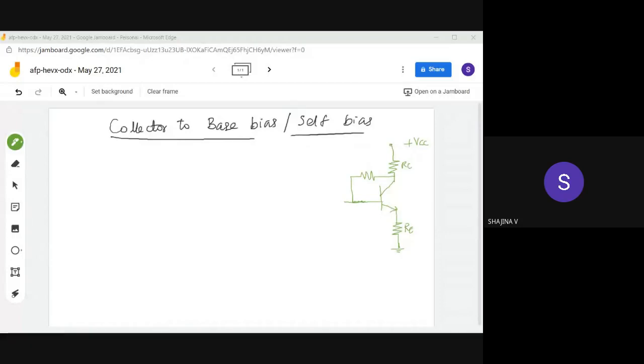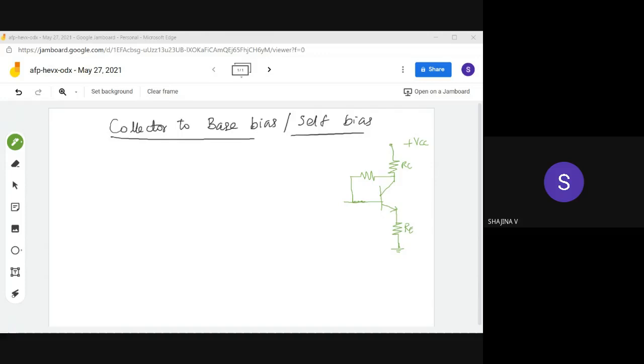In this equation, I can modify some terms. That is VCC minus, for IC, we know IC is equal to beta IB, so I am substituting for this IC beta into IB into RC. Next I have minus IB into RC, and here IB RB, minus VBE, minus IE RE.